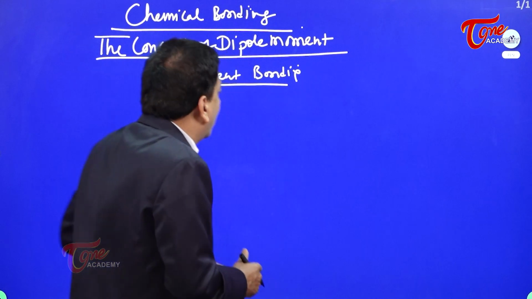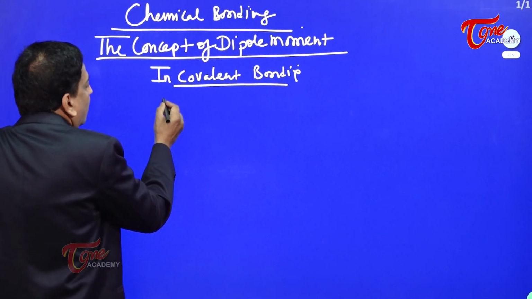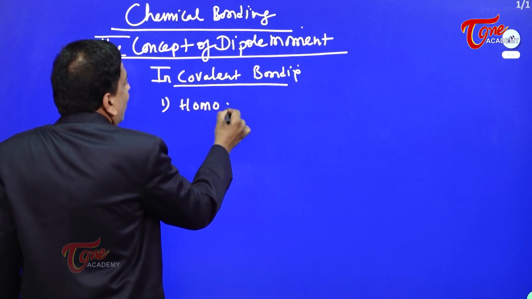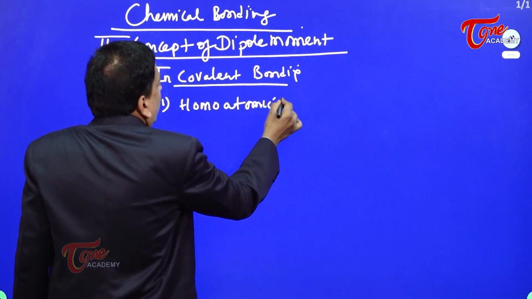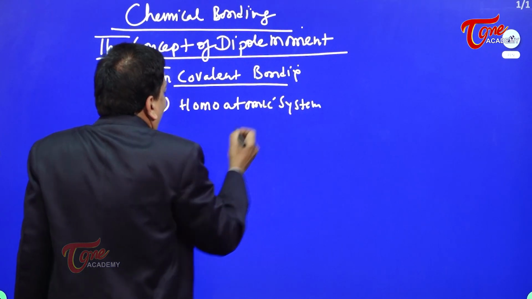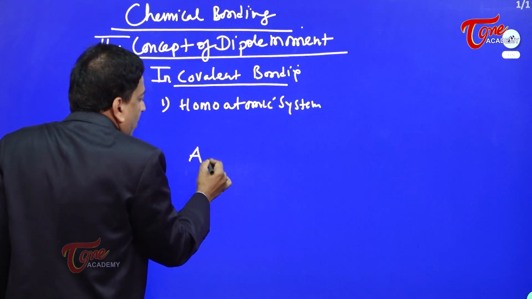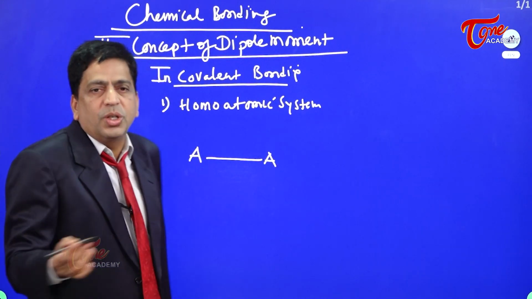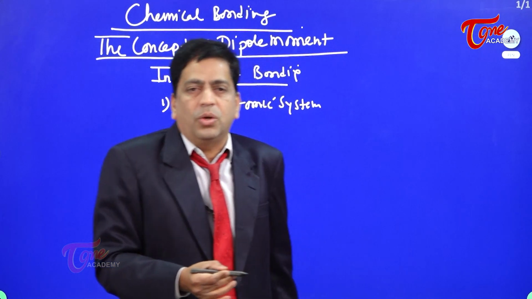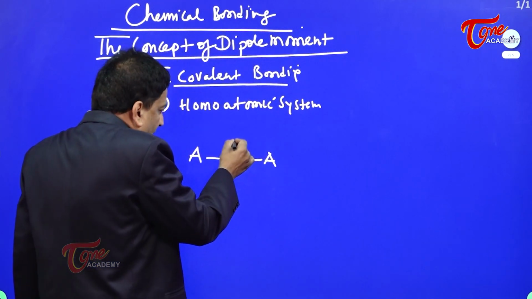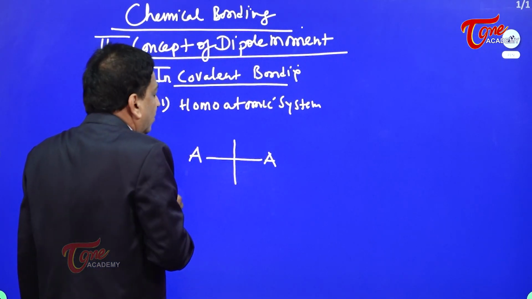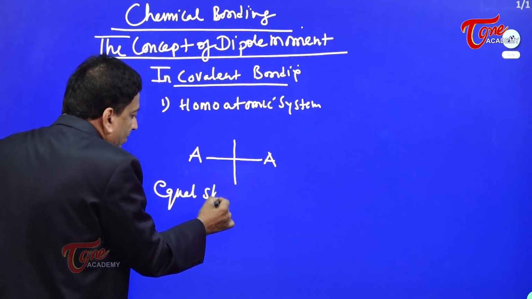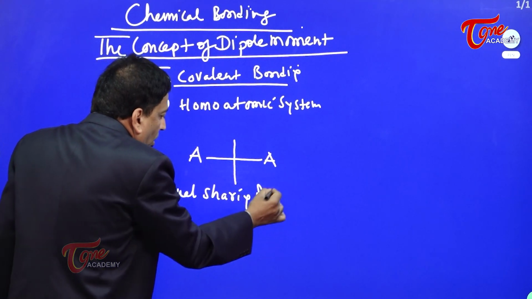For example, look here. You have two systems. One is the homoatomic system, where you have two similar atoms, A and A, both the same. If they are participating in covalent bonding, the shared pair will be exactly at the center. So you can actually see this is equal sharing of bond pair.